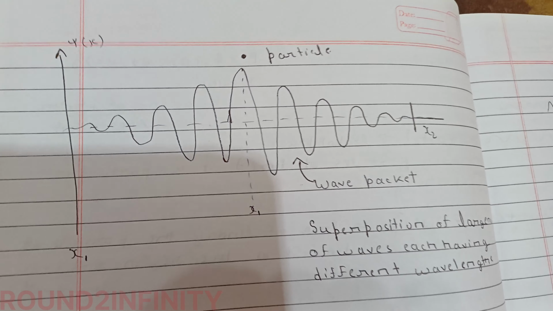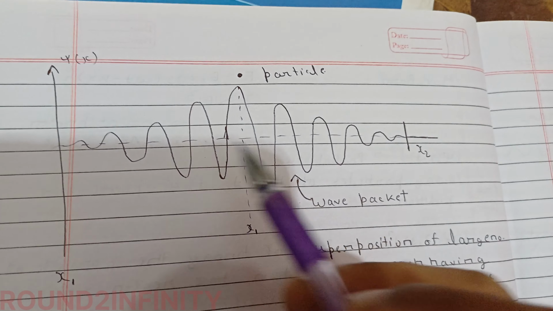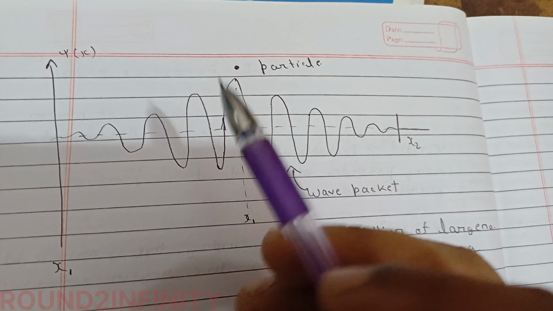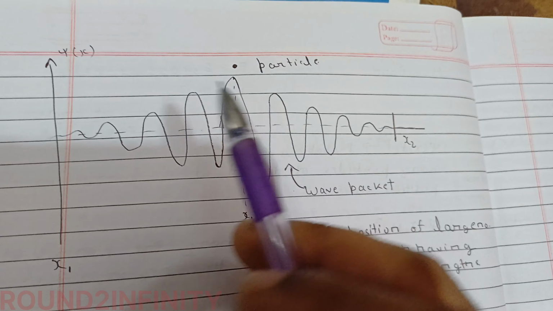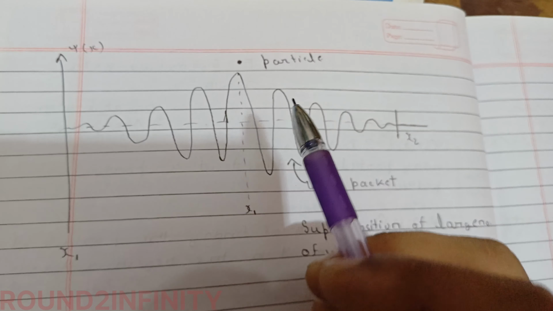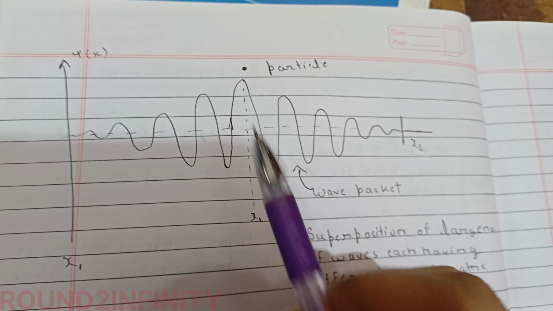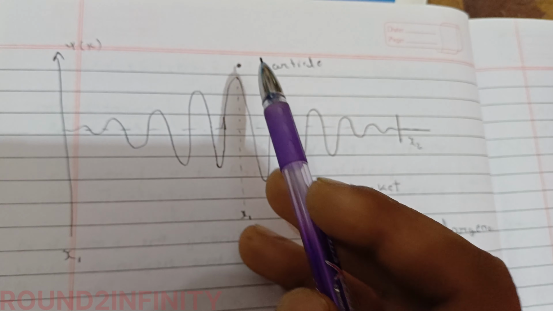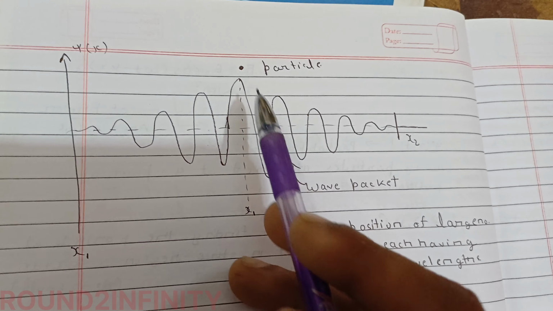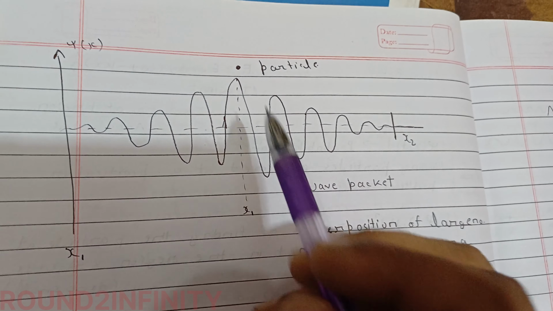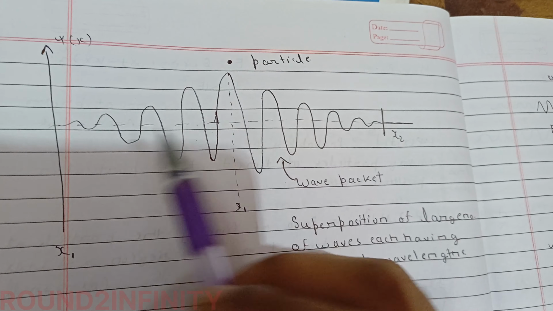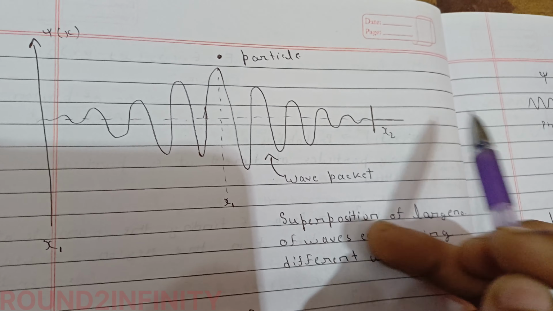The wave should represent the particle's density, that is, the probability of finding the particle somewhere. So the amplitude should be large here, less elsewhere, and go to zero at infinity.